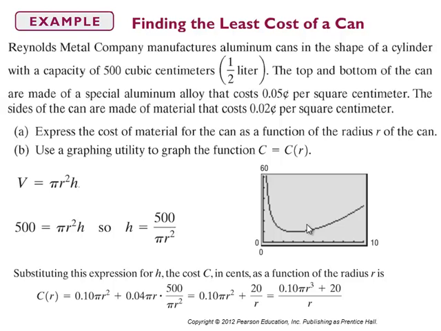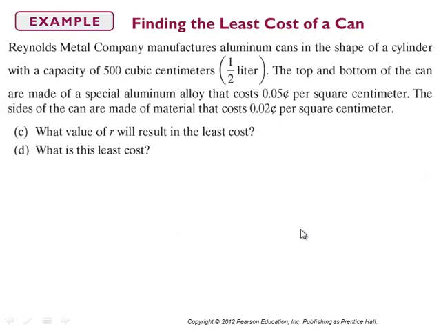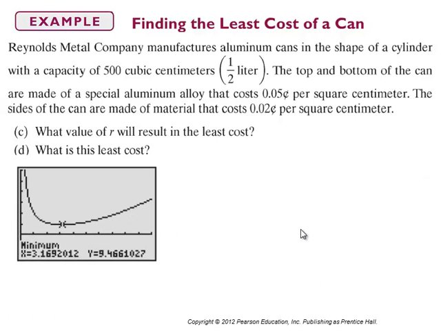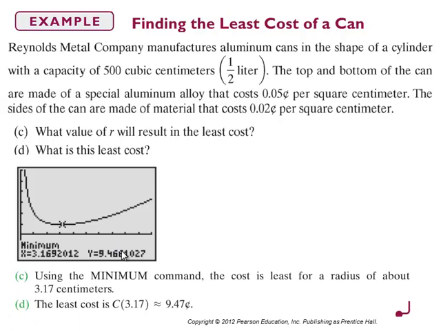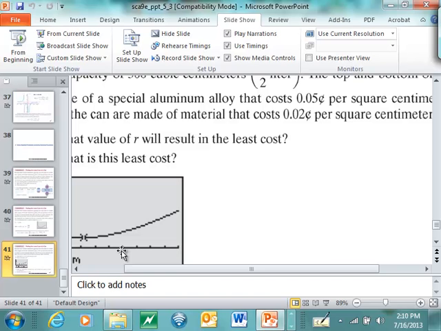When you get to calculus, folks, if you're going to go on to take calculus, I will show you a technique for finding the coordinates analytically of that minimum value. But this time we just use the graphing calculator to find that minimum radius and the corresponding minimum cost. Okay?